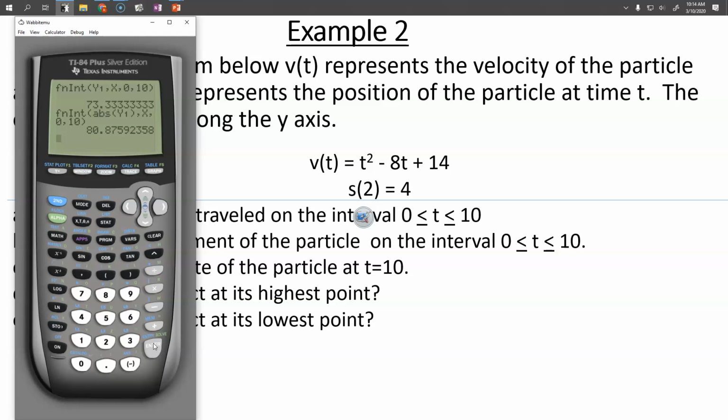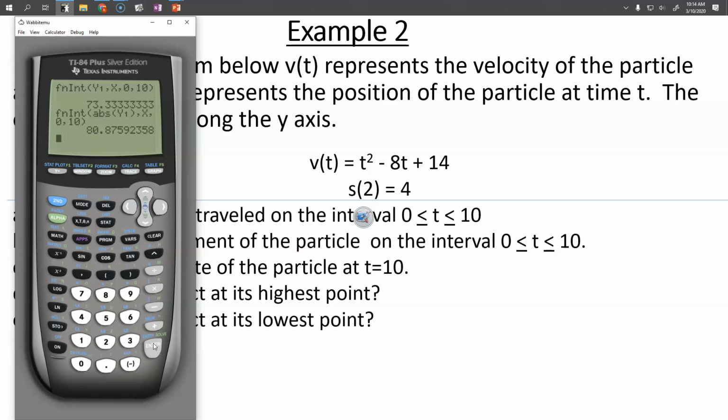And don't be surprised, guys. A lot of times, integrals and absolute value functions are a big load on the RAM of these calculators, and it takes them a long time to figure out the answers. So you'll see it thinking a lot. But I'm getting 80.875. What do you guys think?